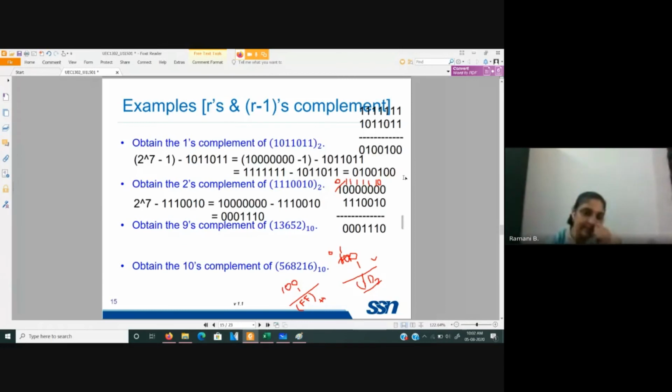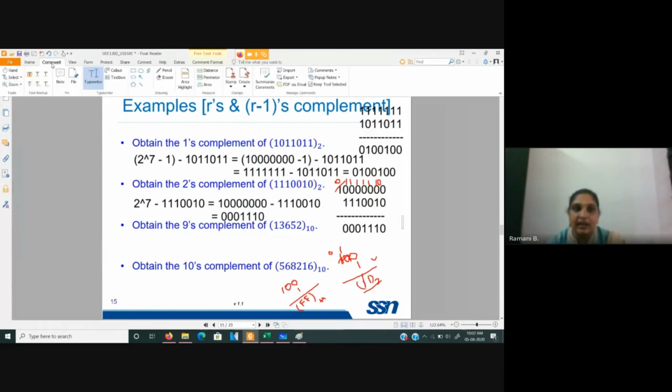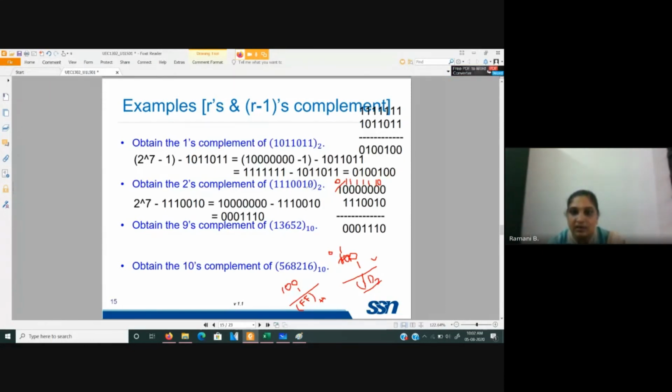And for 2's complement, what we do is, from the rightmost end till you encounter a 1, whatever is the first one, you keep that one as such, and the remaining places from that point are inverted like we do with the 1's complement. So in the given example here, I have 1 0 here.